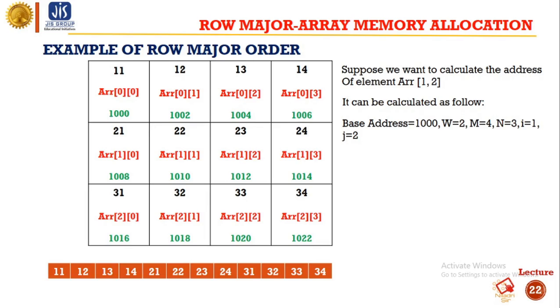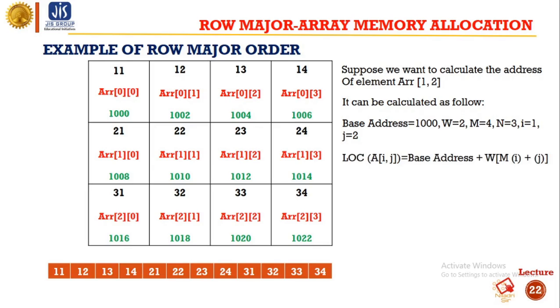M equals 4, that means the number of columns is 4. N equals 3, that means the number of rows is 3. And I equals 1, J equals 2, because it is ARR[1][2]. If we relate it with ARR[I][J], then I will be 1 and J will be 2.